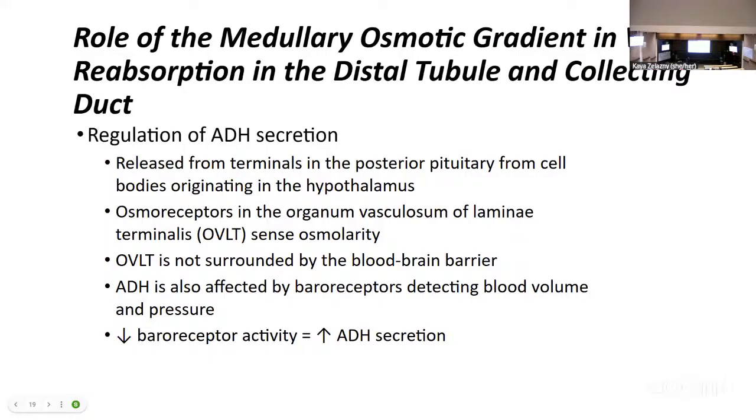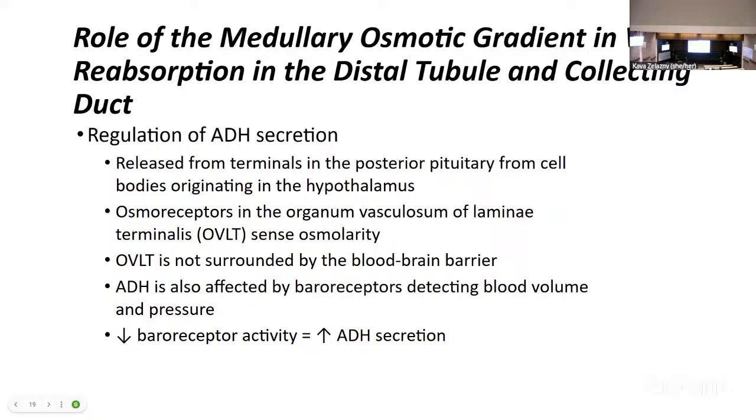So when we're thinking about ADH, we might also want to know a couple of details about where it's coming from, because as we walk through a little further, we're going to see that there are some interactions between ADH secretion and secretion of some of our other hormones. Okay. So it's important to know that your body is basically always sampling a little bit of your blood, sampling its osmolarity.